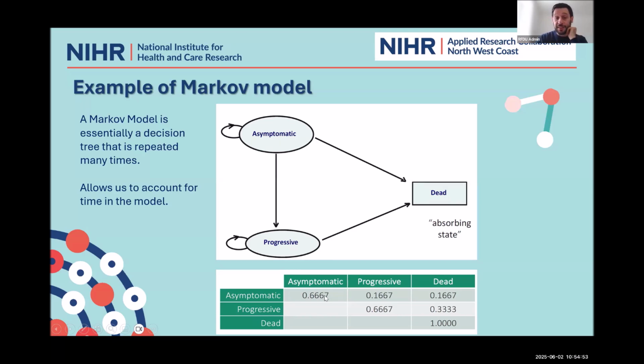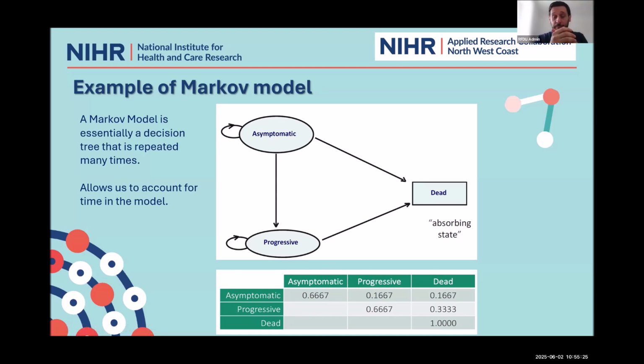If you're looking at year 1, there will be a 67% probability of people remaining asymptomatic, a 16.6 or 17% probability of people moving to the progressive state, and again a 17% probability of people moving to the death state. So from asymptomatic, we can move to dead or to progressive, or we could stay in that particular health state.